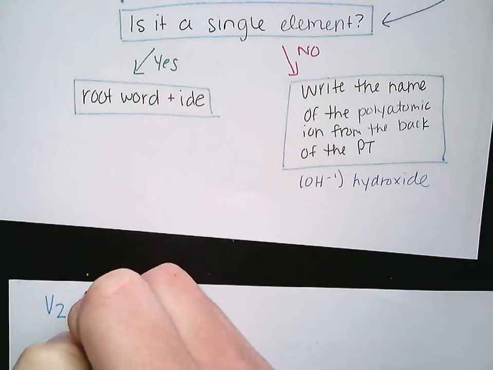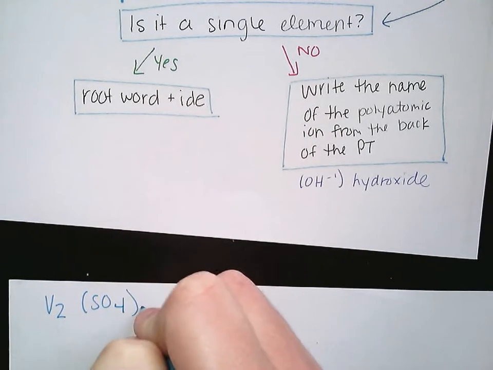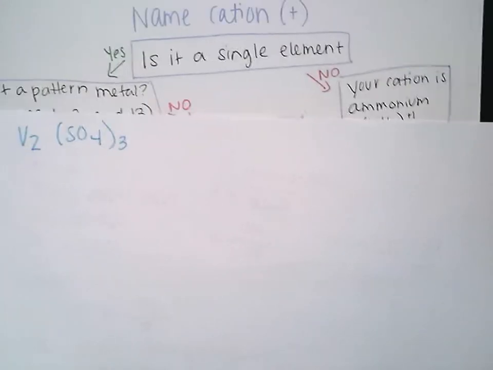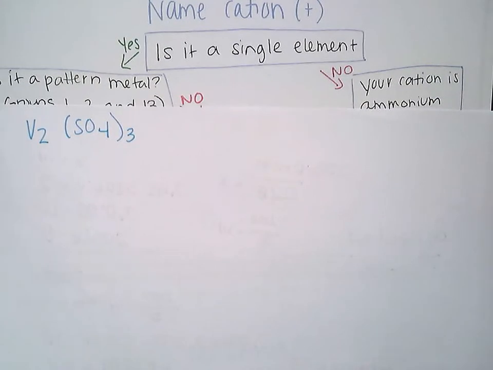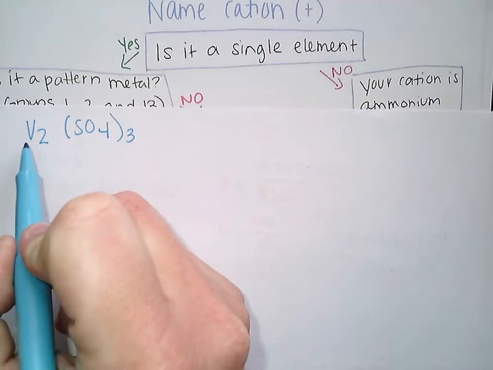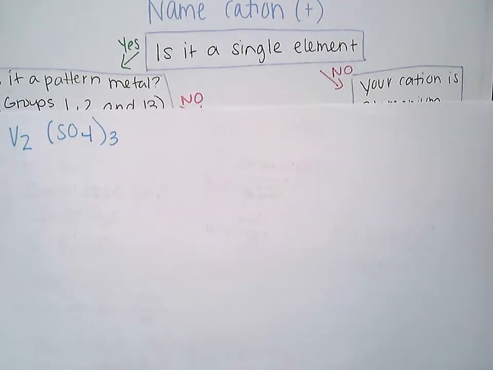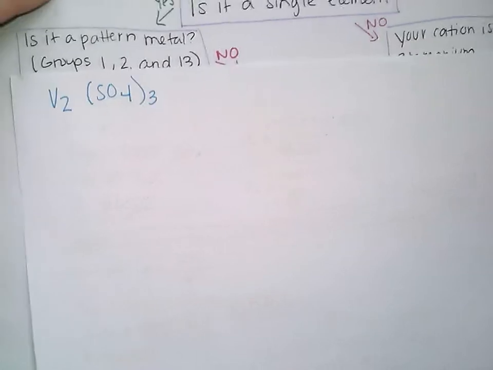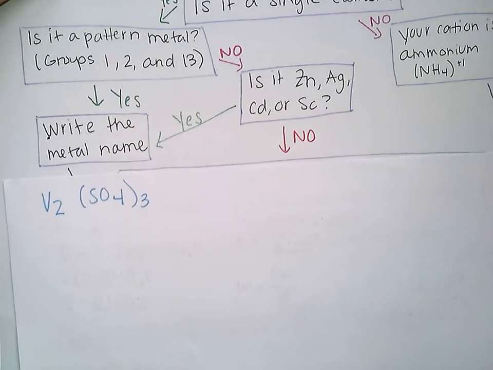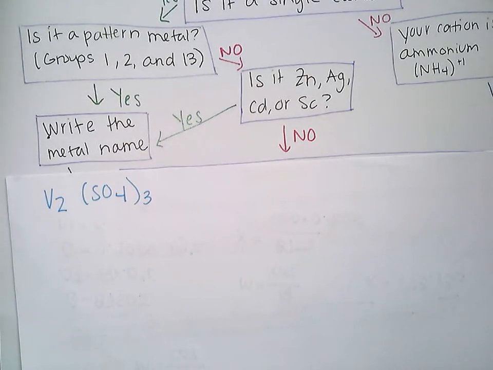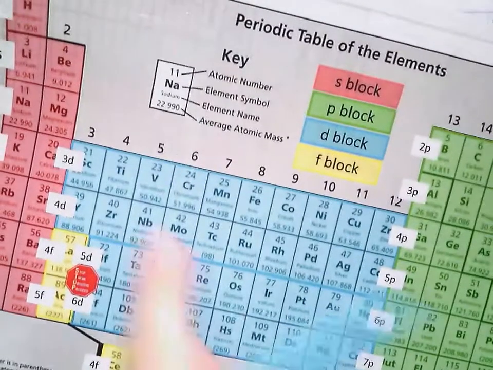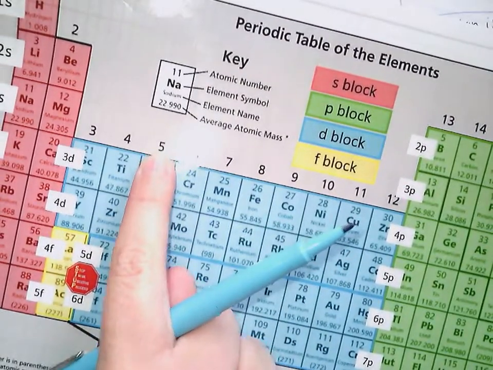Fe2(SO4)3. So the very first question we're looking at is, is it a single element? So my cation, my positively charged ion, is just a V. So yes, it is a single element. So then my next question is, is it a pattern metal? So I'm going to look at my periodic table, and V is right here in group 5.